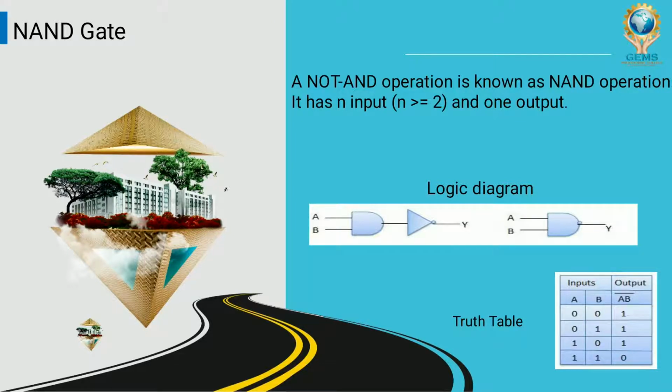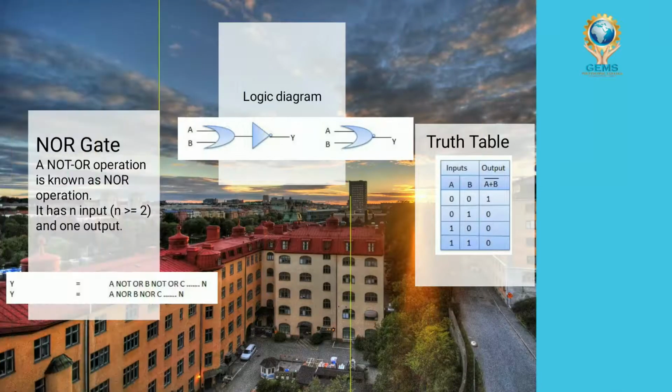So here two gates are mixing together. One is NOT, the second one is AND. Both mixing together form a NAND gate. This is the truth table for the NAND gate: 0 0 1, 0 1 1, 1 0 1, 1 1 0, which we have to observe.